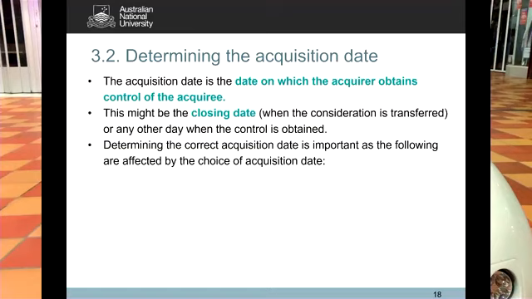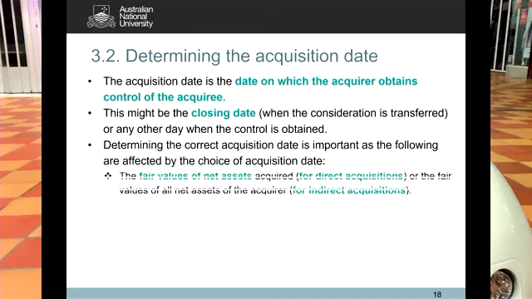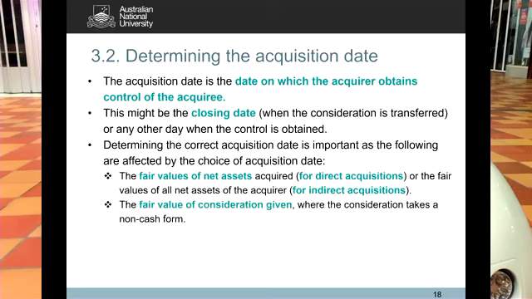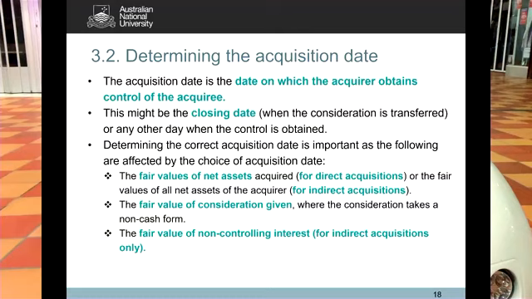In such case, determining the acquisition date would be super important. All right, and of course there are some other items, like the liabilities, the assets. We need to determine the fair value of them. So when we determine the fair value of them, the acquisition date is important. That's why we do care which day would be the acquisition date.